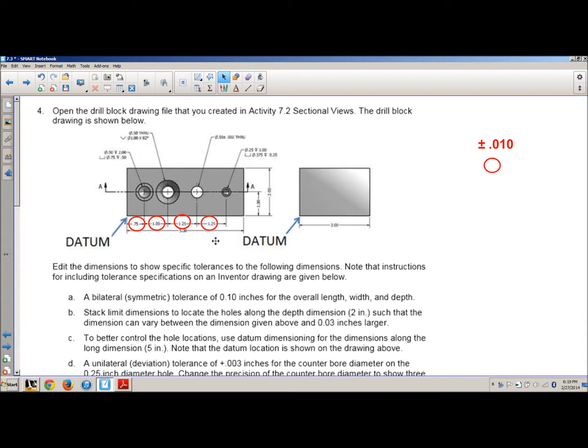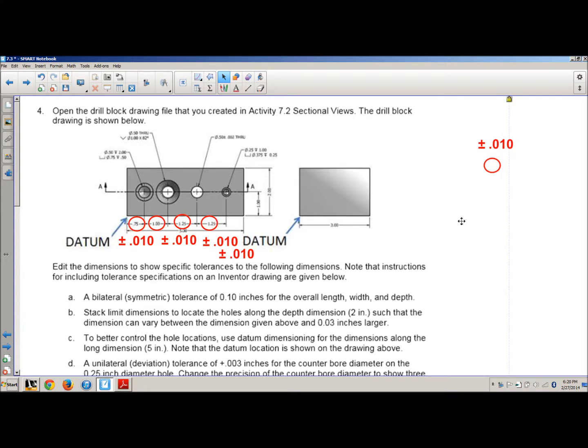There are 4 different dimensions that each one of those could be plus or minus 10,000ths of an inch difference. Each one of those could be plus or minus 10,000ths of an inch. So that becomes a little bit additive.